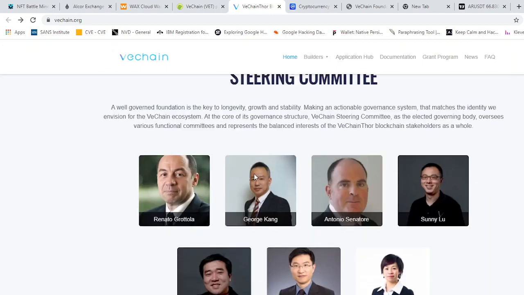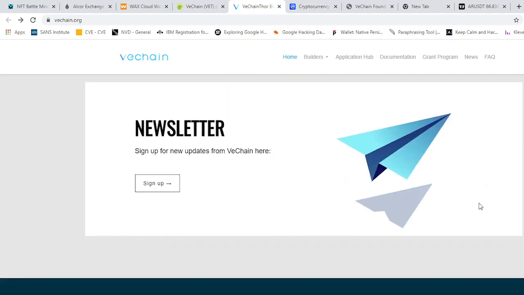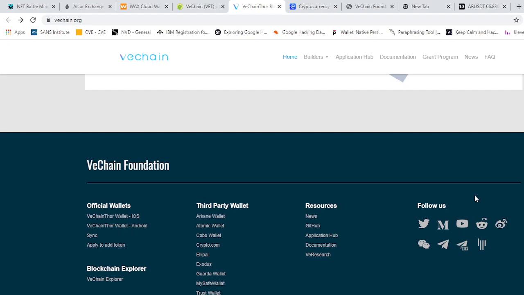As you can see, the developers and committee, advisory boards. Let's see if they have the partners. It has right here the wallets that you can hold it in: VChain Thor wallet, and the third party wallets you can hold it in: Atomic wallet, Exodus, Trust wallet, etc.